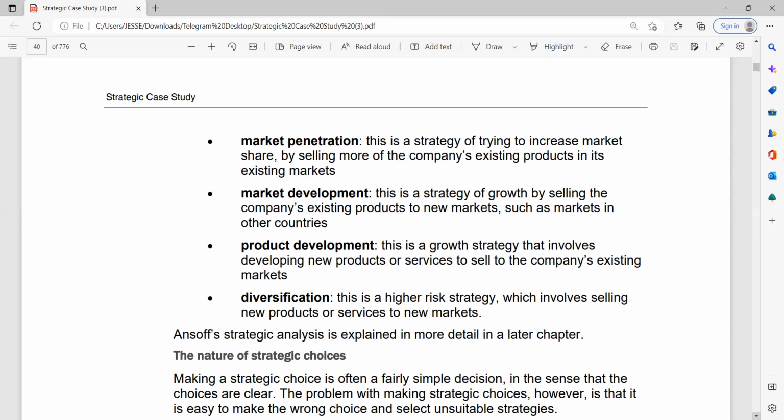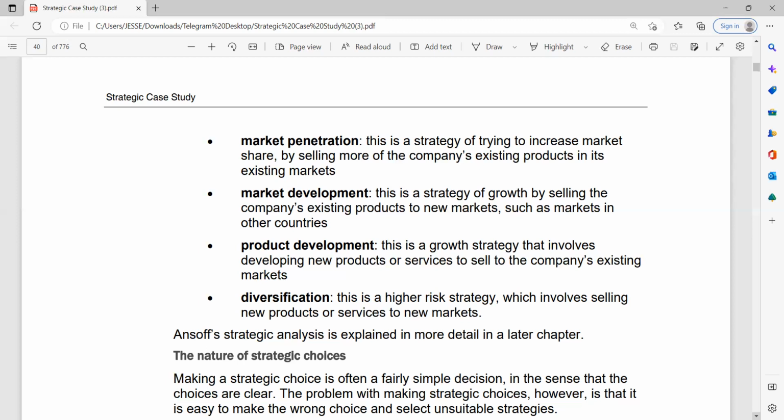A new product for the existing market. Going back to the Pepsodent example, the company who creates Pepsodent, let's say Unilever, will create a new product, different from Pepsodent, and sell it in the existing market, which is Ghana. So that's product development.